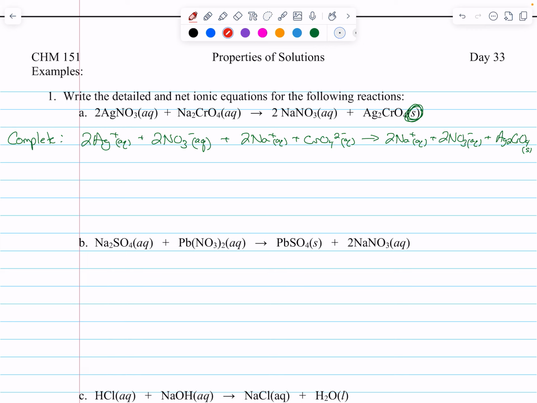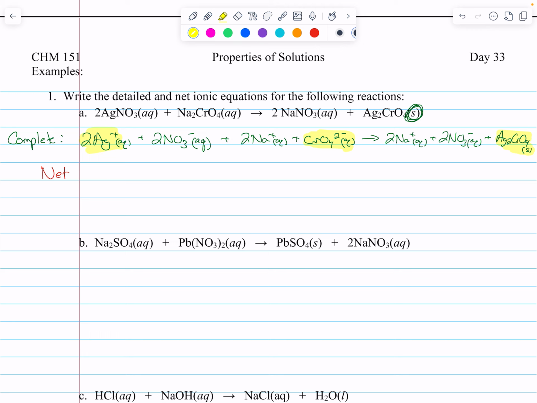The net, well, what's involved? I like doing it this way. When I was taught this, it was, hey, identify your spectators. I like identifying what's involved: silver and chromate. Then sodium and nitrate are my spectators.